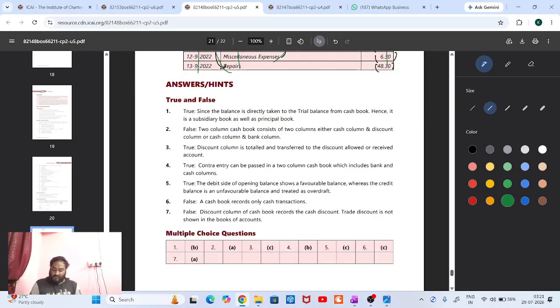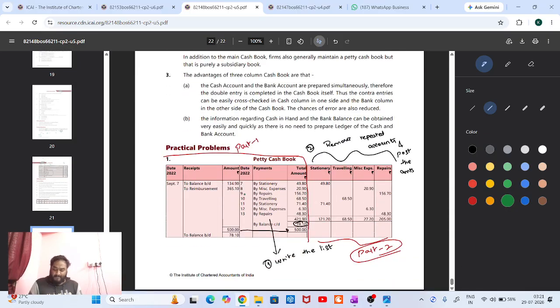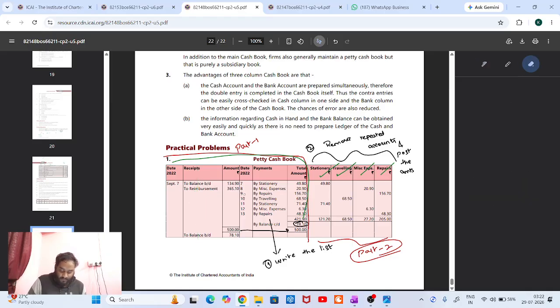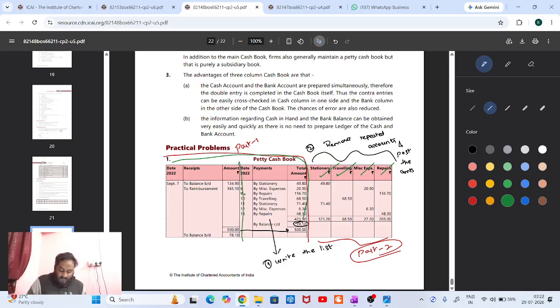So there will be 4 or 5 columns, right? Stationery, traveling, miscellaneous, repairs. This is part 1. Step 1, step 2, voucher number, step 3, step 4. And this is what we have discussed so much.